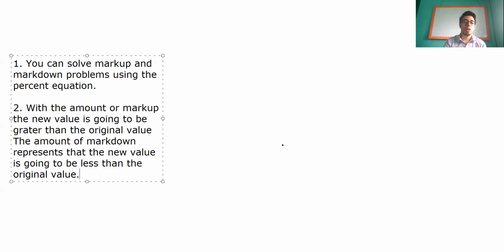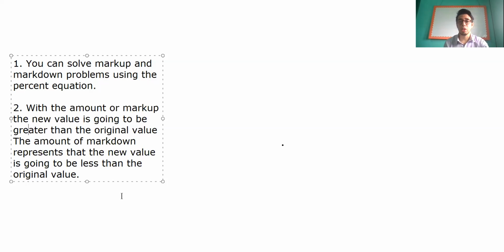Sorry, the amount of markdown represents a decrease in the price, so it's going to be less. Now this is for number 1 and number 2.